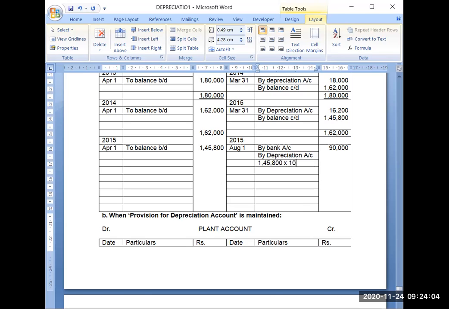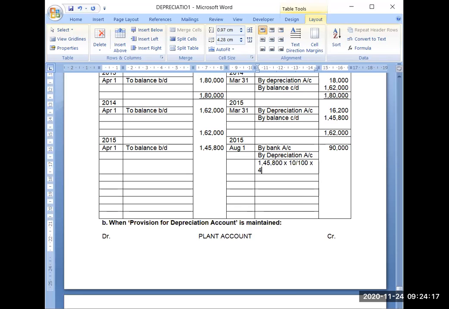At the rate of 10% per annum, you will calculate the depreciation multiplied by time. So April, May, June, July. 4 months you have used. July 31, yes. So 4 months depreciation will be charged.